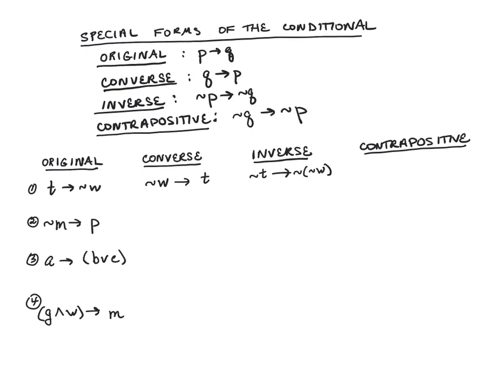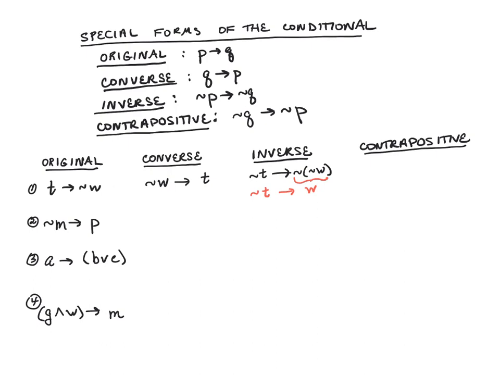But this piece can be simplified because we did prove this on the very first logic lesson, that when we take the double negation of a statement, it's logically equivalent to the original statement. So we call this the law of double negation. It's a very simple truth table.